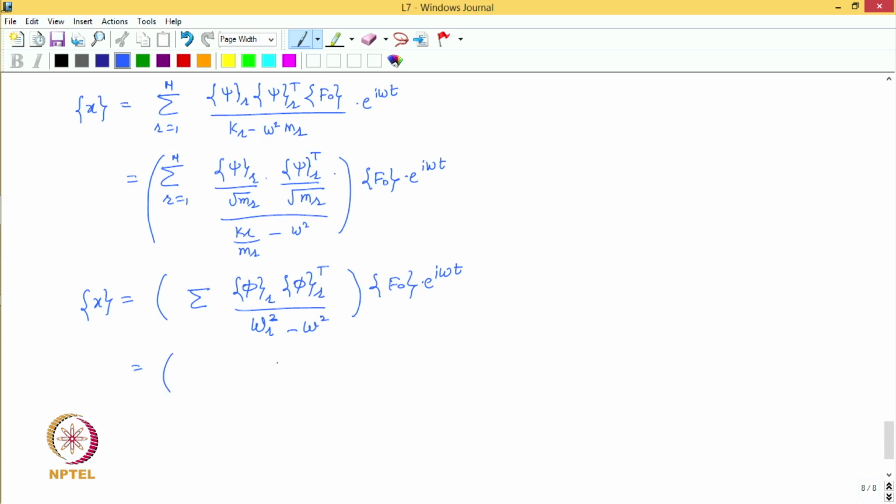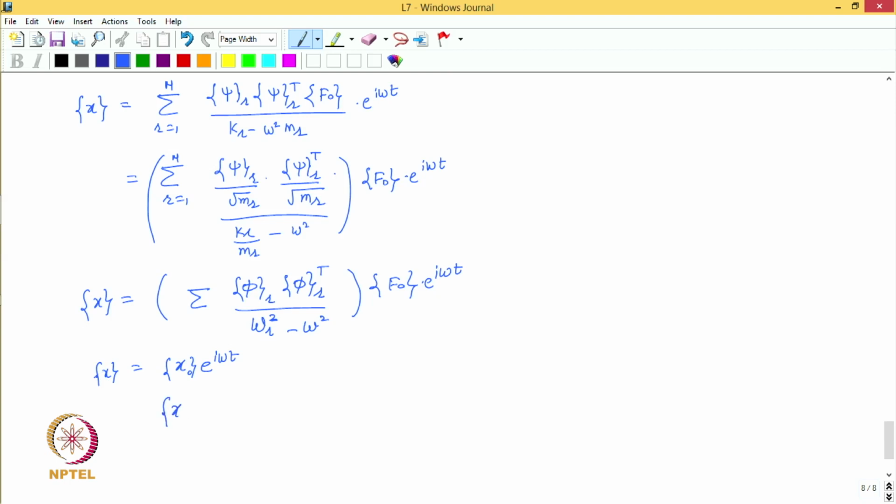Okay, and therefore this quantity can be written as x naught e to the power i omega t, right.